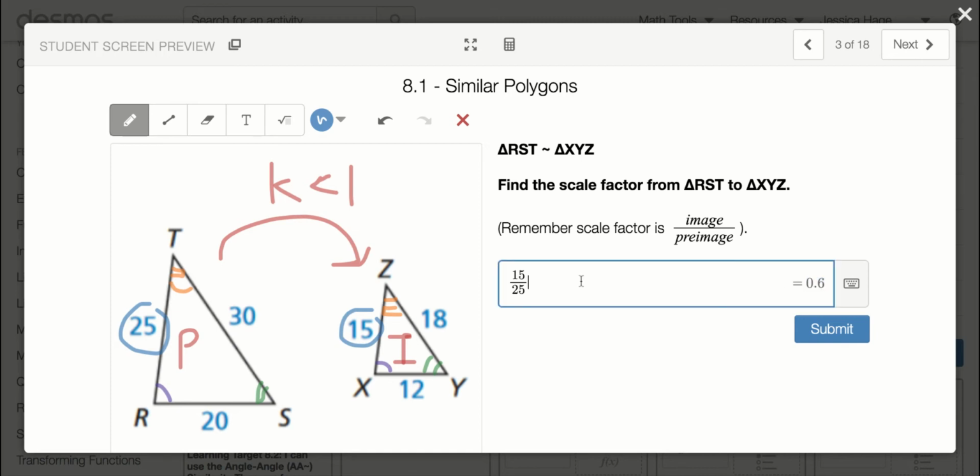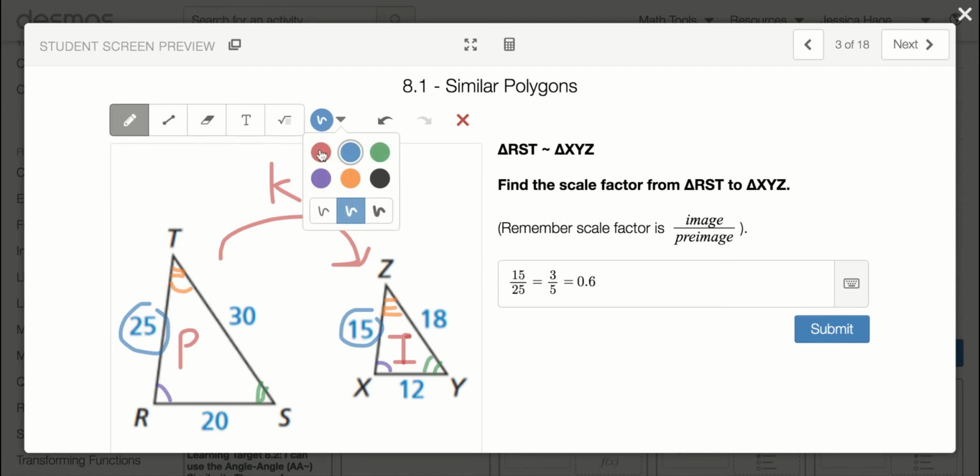as a decimal. Reducing it as a fraction, if we divide the top by 5 and the bottom by 5, we will get 3/5. And you will get 0.6 or 3/5 using any of the other sides, as long as you have the numbers from triangle XYZ in the top.